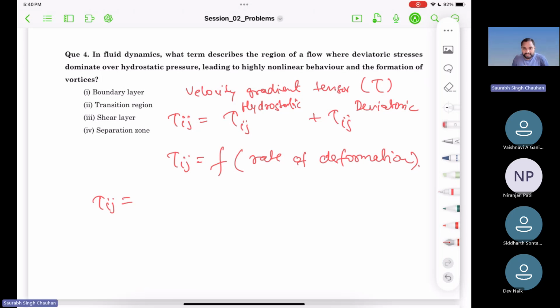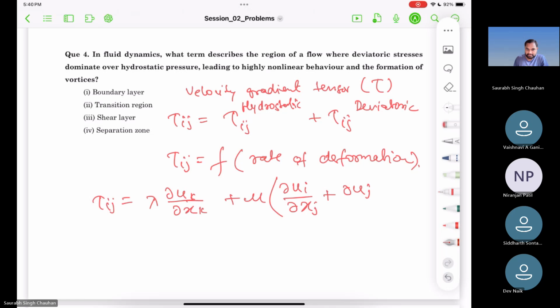This deviatoric part can be written in terms of velocity gradients like del u_i by del x_i, where both have the same indices, and the other part where there will be different indices, del u_i by del x_j plus del u_j by del x_i. Okay.